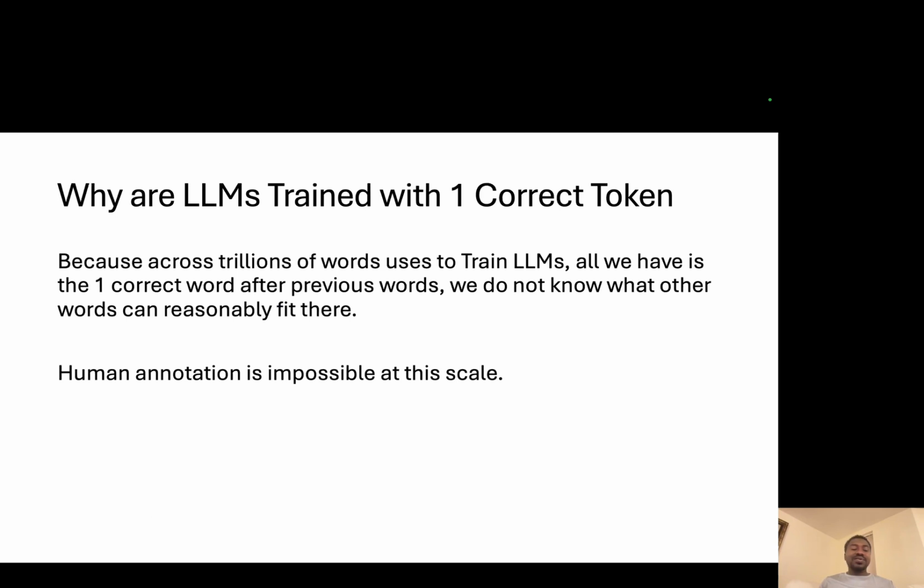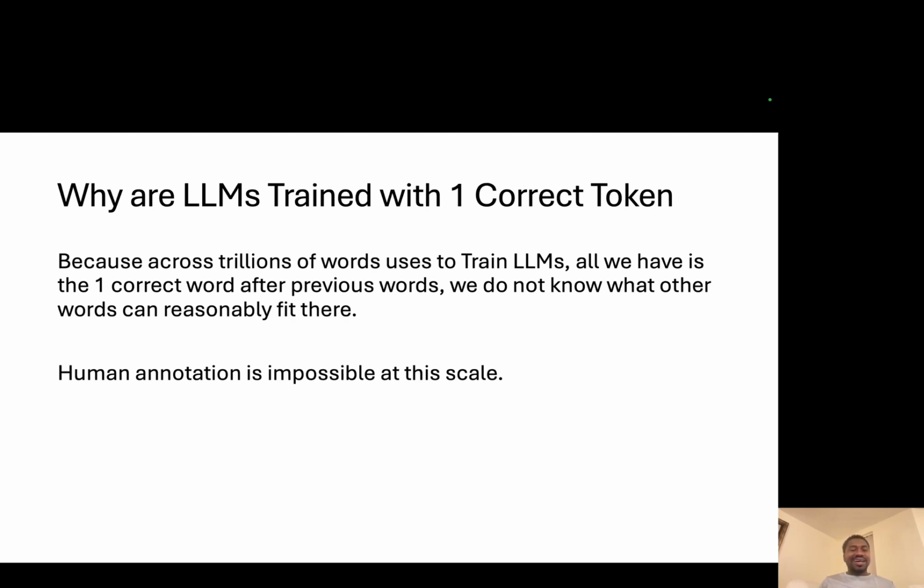And first of all, we might think about why in training, why don't we try to train models to be able to learn all the different ways that a sequence can end? It's because we do not actually annotate each of these data by human, right? We have trillions of tokens, which could translate to trillions of words, basically.